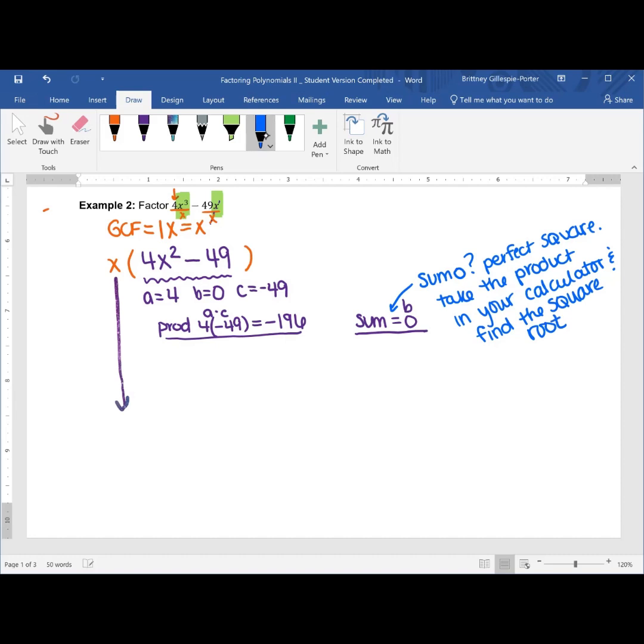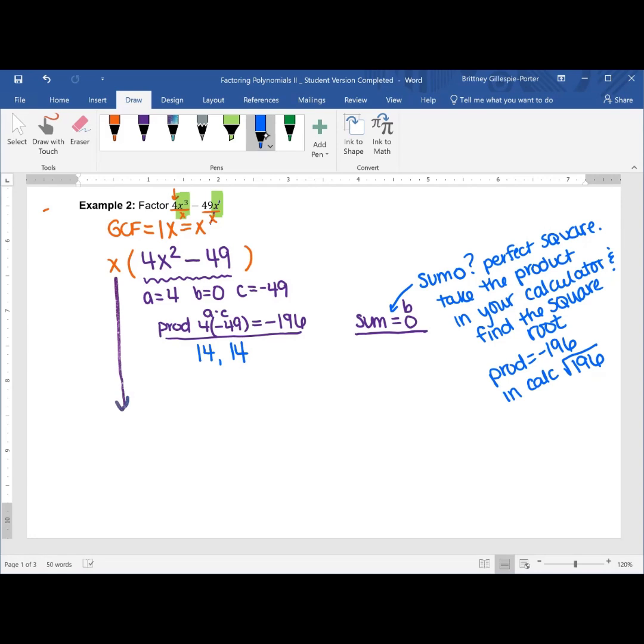Now, the trick with this is that you are not going to take the sign. So our product is negative 196. In our calculator, I want you to take the square root of 196. If we take the square root of 196, we get 14, which means 14 times 14 gets us to positive 196.